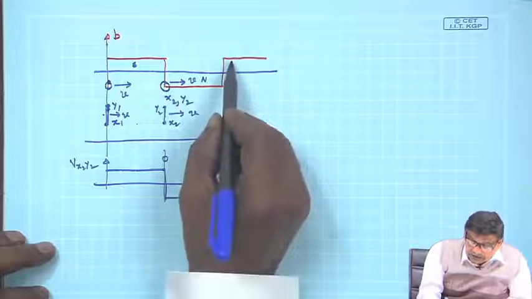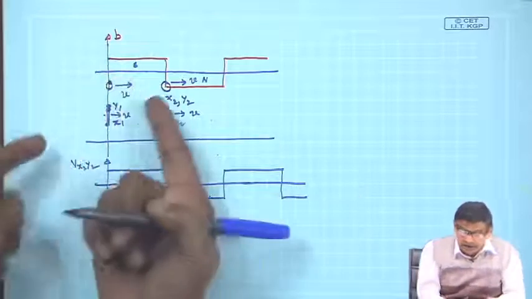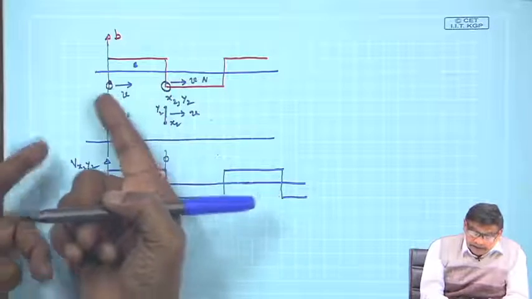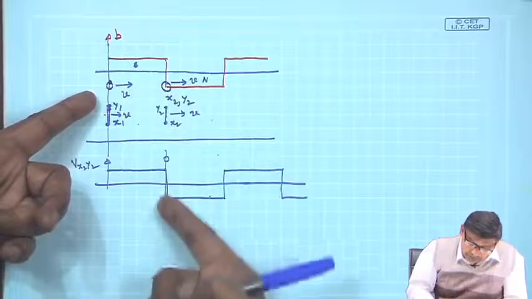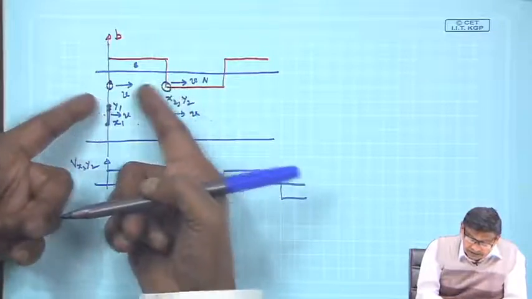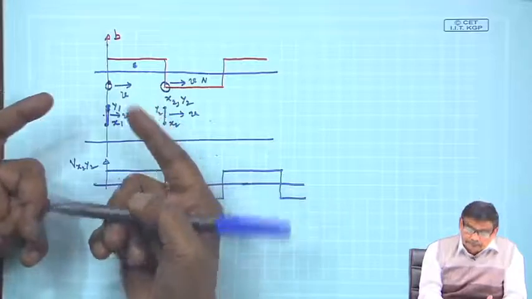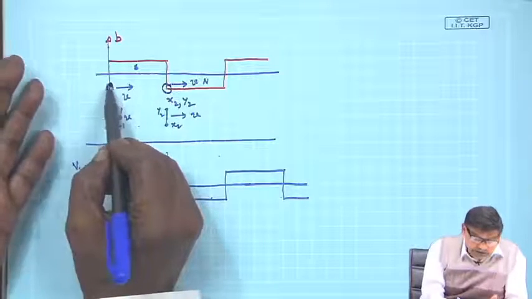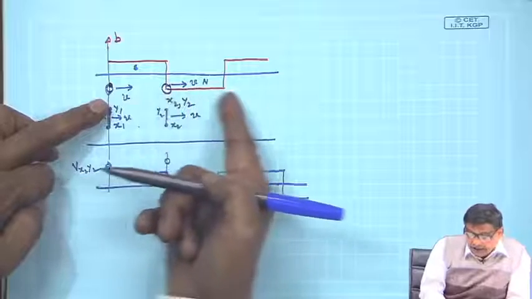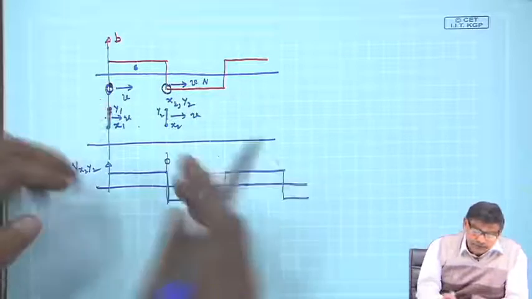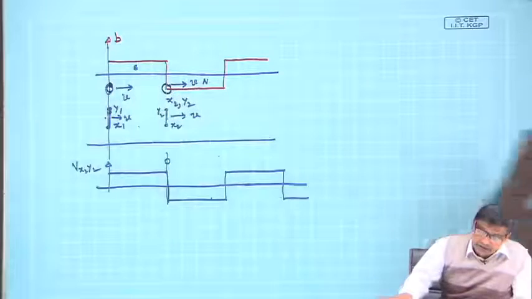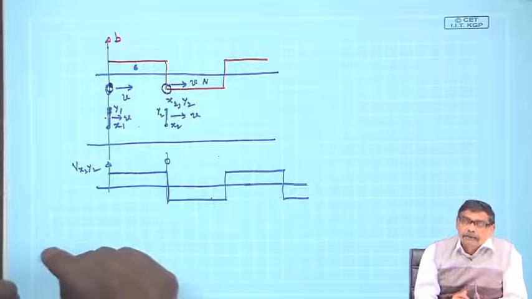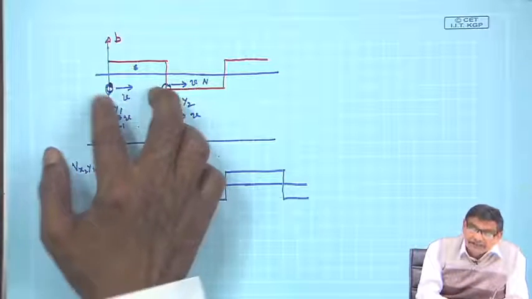it will have induced voltage like that. If the first conductor is behind it by one pole, it is going to experience the same voltage waveform, but after this much distance. Both observers, if I am sitting on this conductor and you are sitting on that conductor, whatever I experience in terms of change of B as I proceed from left to right, you will also experience the same changes, but only after a constant distance of this much.